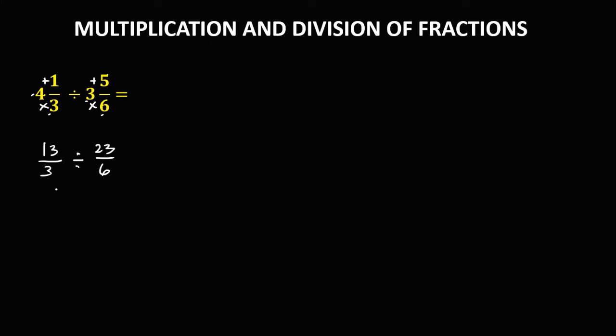Then we need to rewrite these fractions. So just bring down the first fraction, then change this operation to multiplication. Then find the inverse or the reciprocal of the second fraction. So this 23 over 6 becomes 6 over 23.